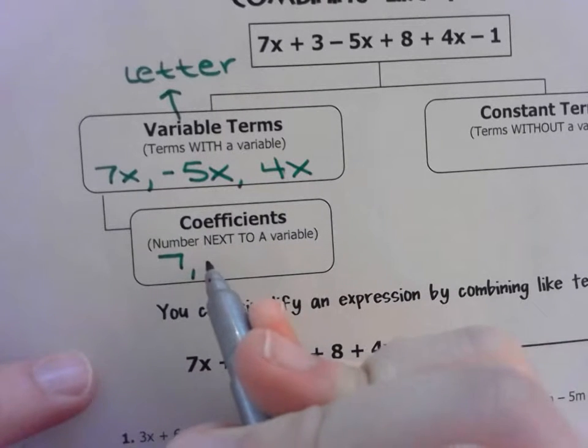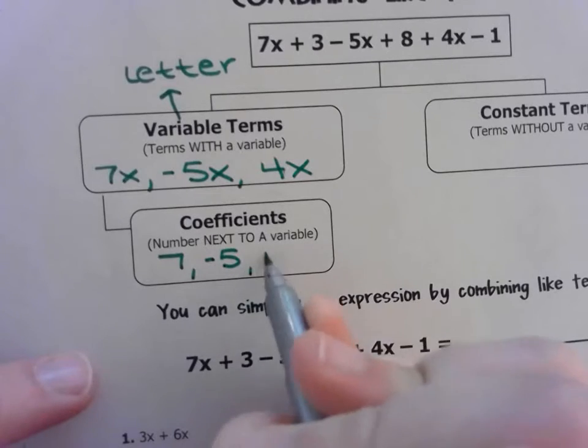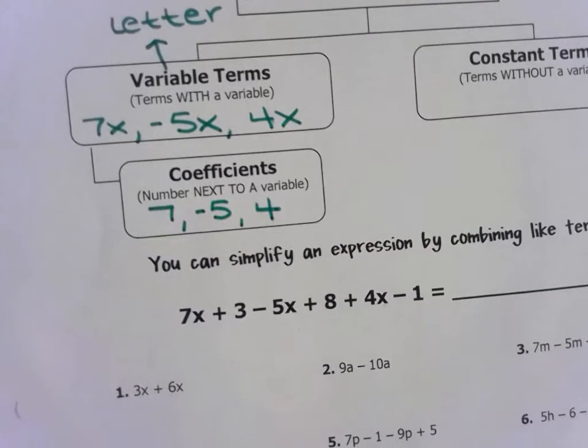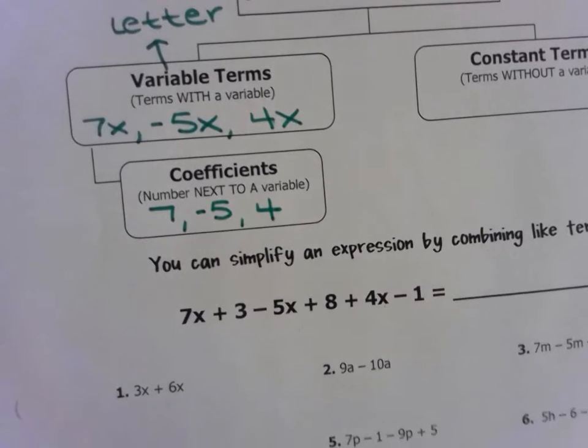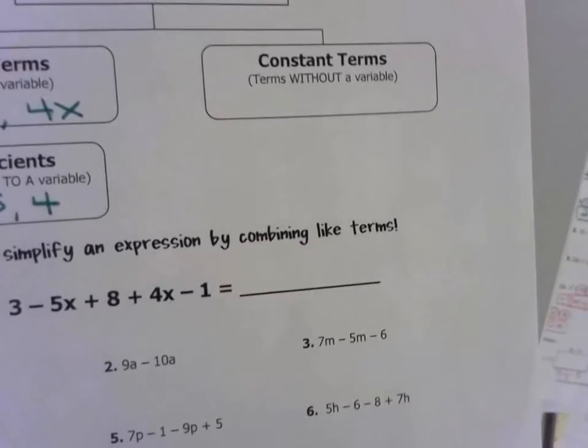Negative 5 and 4. Those are the numbers that are in front or right next to a variable. 7, negative 5, and 4 are the numbers right in front of the x, right in front of the variable. Those are the coefficients. Next thing we're going to talk about is a constant term.